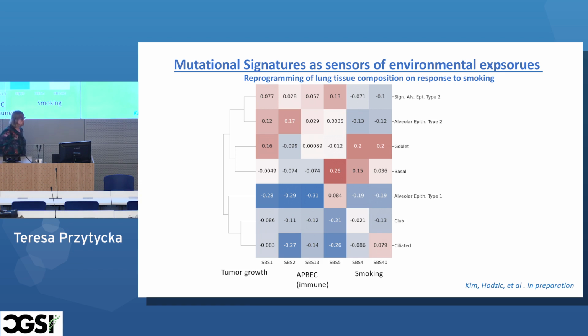Can we somehow use this formalism, this concept of mutational signatures, to look into what some of the mutagenic processes may do to healthy individuals? And here, perhaps healthy is exaggerating, but I'll say in the non-cancer tissue.